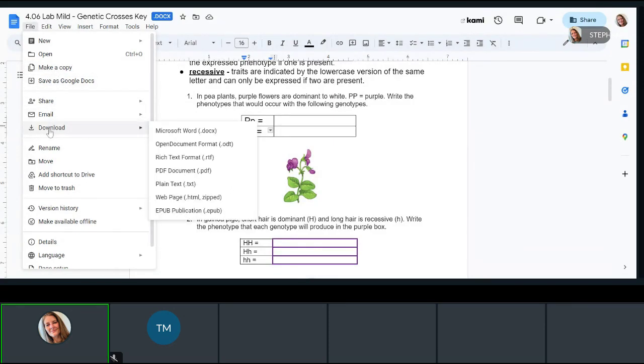If you'd rather do it in Microsoft Word, go download. So right here or right here. Find it?